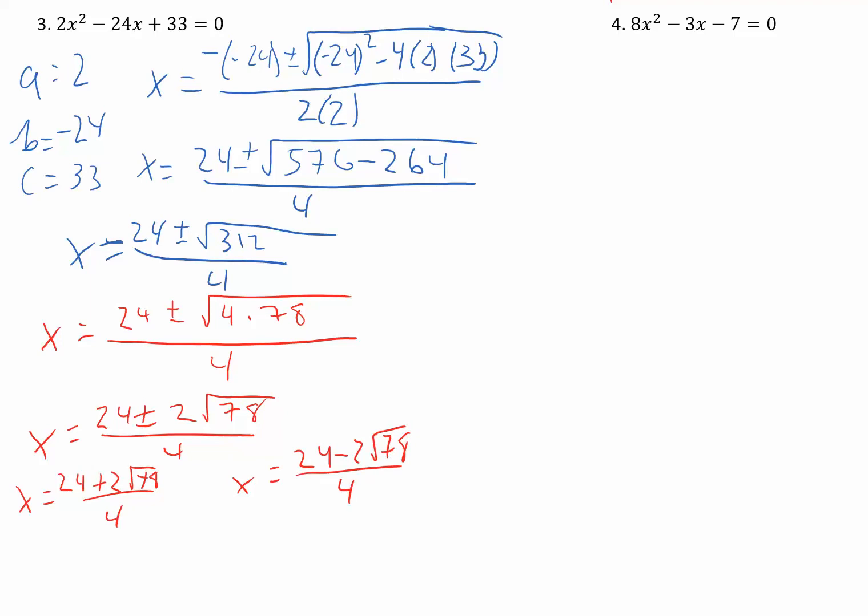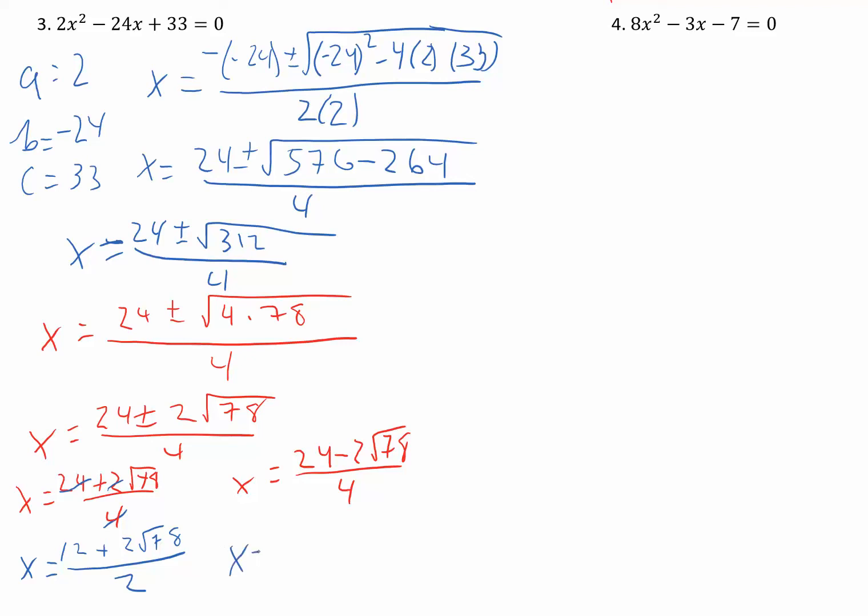And now we need to simplify. The 24, the 2, and the 4 can all be reduced. I can factor a 2 out of all of them. So here I'm going to get x equals 12 plus rad 78 over 2.